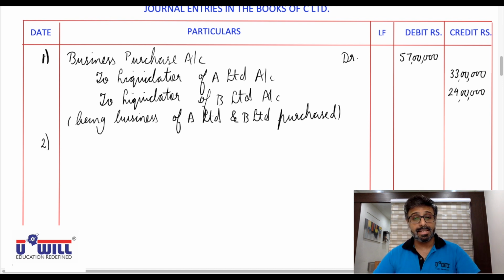To liabilities account, excluding reserves. Statutory reserve is to be taken over, but for that separate journal entries to be passed. And again, liabilities at agreed value. And to business purchase account with the purchase consideration.